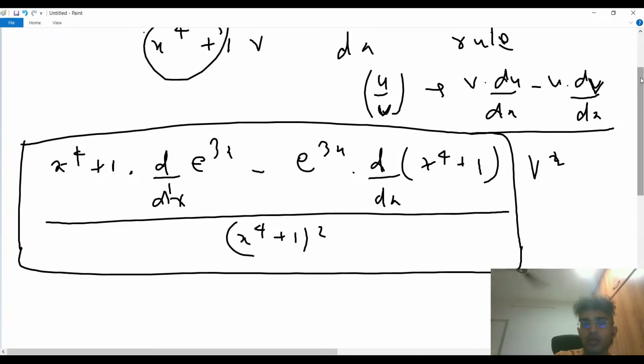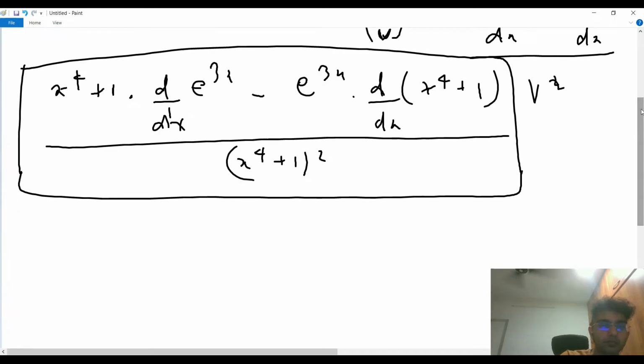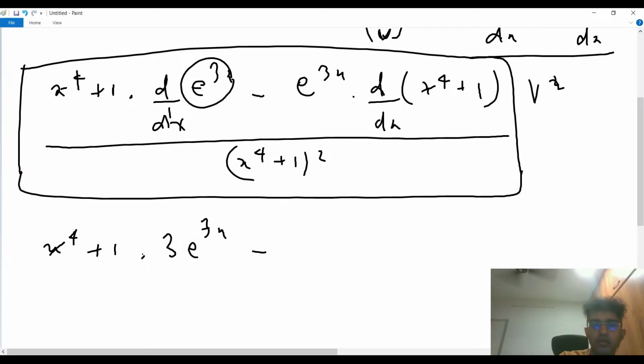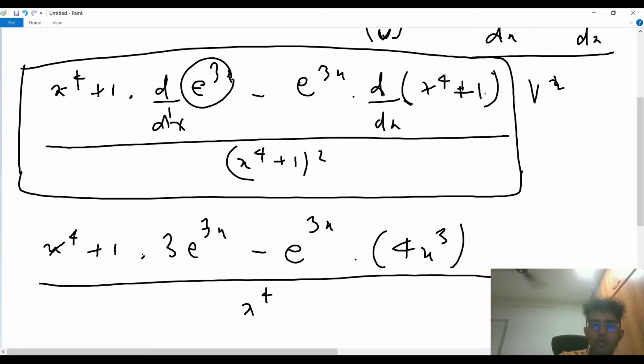This comes out to be x raised to 4 plus 1 into, what is the derivative of this one? 3e raised to 3x minus e raised to 3x into, what is the derivative of this? It's 4x cubed, right? This one is a constant, so it's going to be 0. Okay, the whole divided by x raised to 4 plus 1 bracket square.